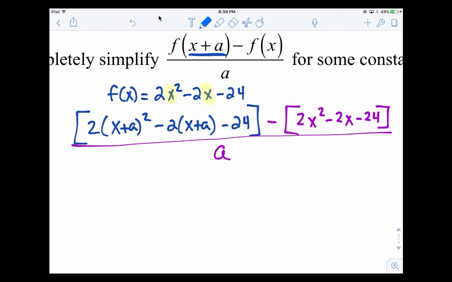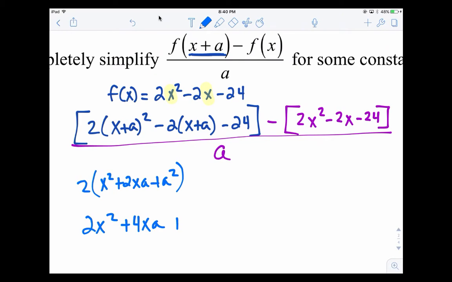So x plus a squared is going to turn into x squared plus 2xa plus a squared. And then if you double that, you're going to be left with 2x squared plus 4xa plus 2a squared, minus 2x minus 2a minus 24.